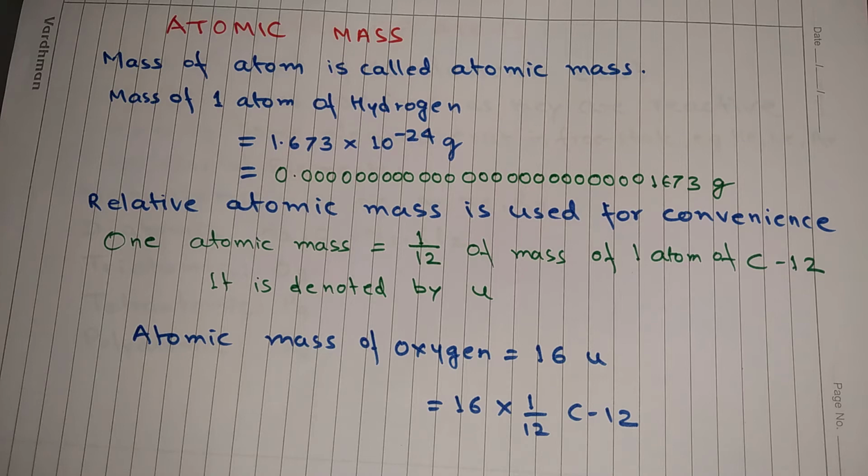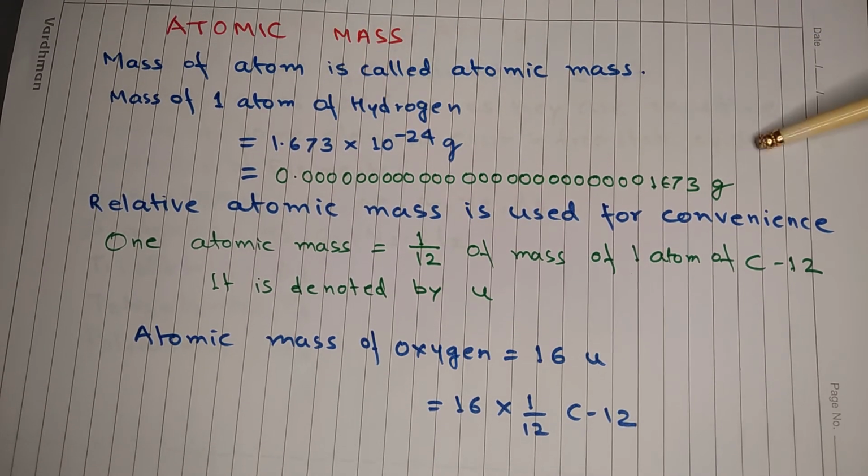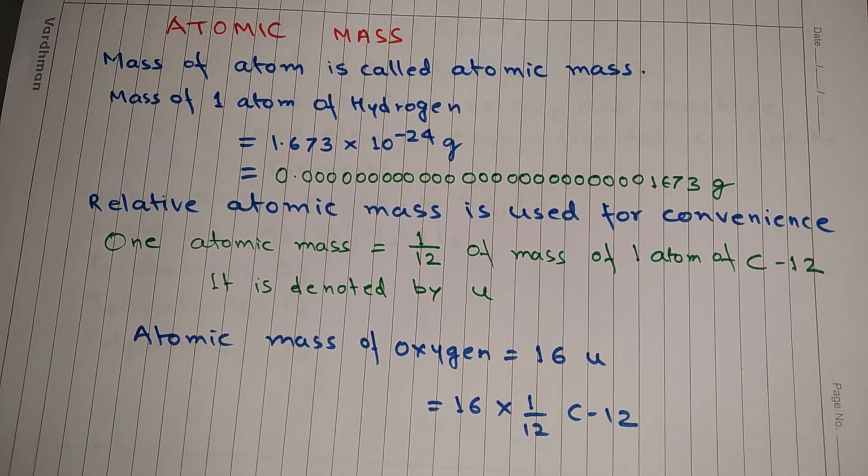The problem is that the majority of people end up making mistakes while writing the number of zeros, and it is difficult to read this number out. So, to make it convenient, relative atomic mass is used instead of this absolute mass.